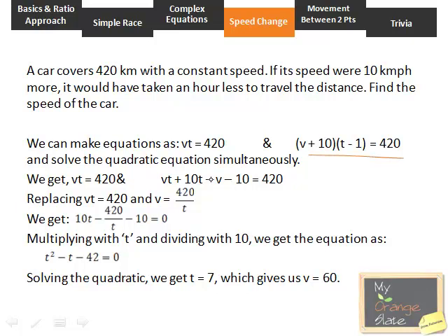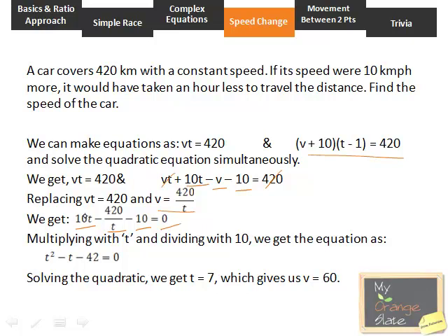Opening these brackets, we get vt plus 10t minus v minus 10 is equal to 420. vt is equal to 420 and v is equal to 420 upon t would give us the equation as 10t minus 420 upon t minus 10 is equal to 0.